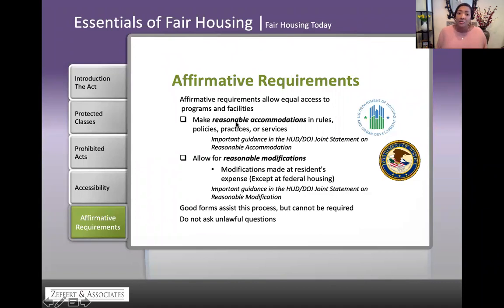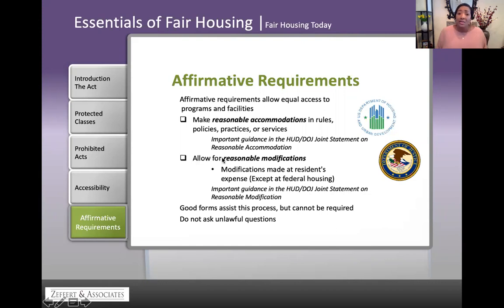A reasonable accommodation can be made in rules, policies, practices, or services. And it's important guidance found in a joint statement between HUD and the Department of Justice on reasonable accommodation, several of which we will go through in this part of the training.